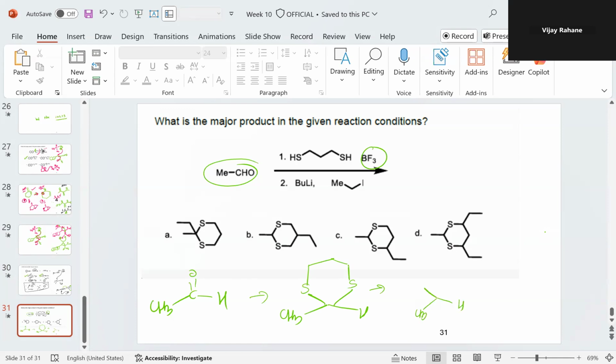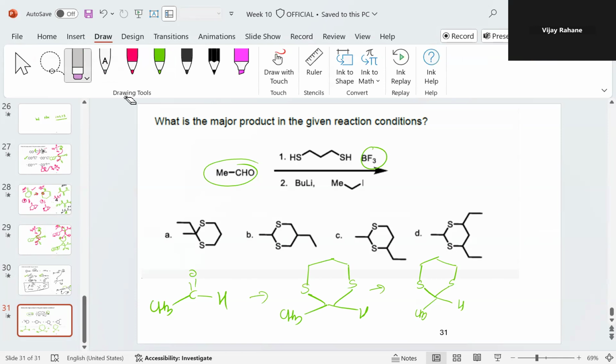So when we add the butyl lithium, as you mentioned correctly, what will happen? This proton will be eliminated. It forms a negative charge here, and once this negative charge forms, we have the ethyl iodide.